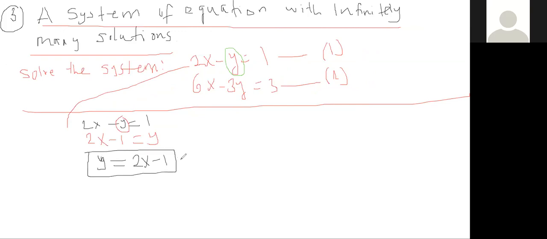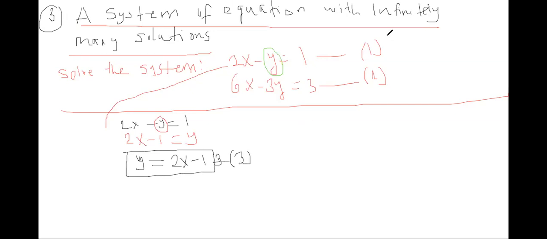All we need to do is substitute equation 3 into equation 2, as we did before. So we will substitute this into here, and we will have 6x minus 3 times y. And we said y is what? 2x minus 1.